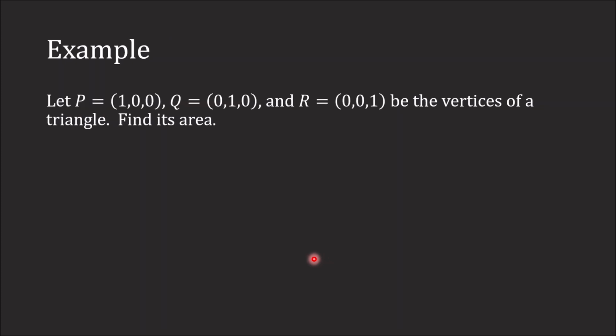So let P be 1, 0, 0, let Q be 0, 1, 0, and let R be 0, 0, 1, and these are the vertices of a triangle. And we want to find its area.